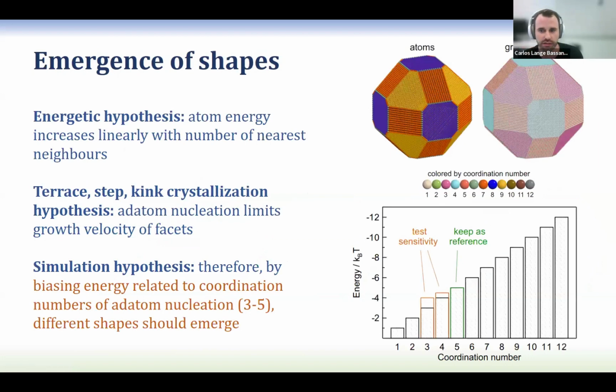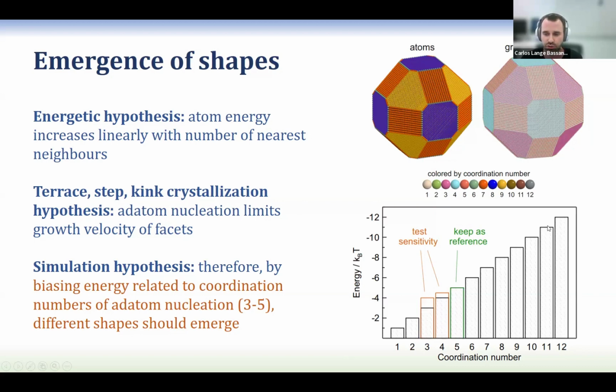And then we need another hypothesis. First, we are not considering any specific energetic model, just considering that the energy increases linearly with the number of nearest neighbors. In an FCC crystal, we can have up to 12 atoms around. And we are just saying this energy increases linearly.